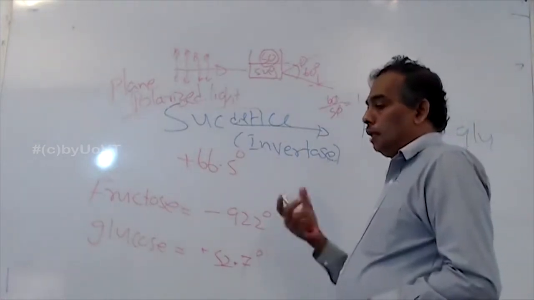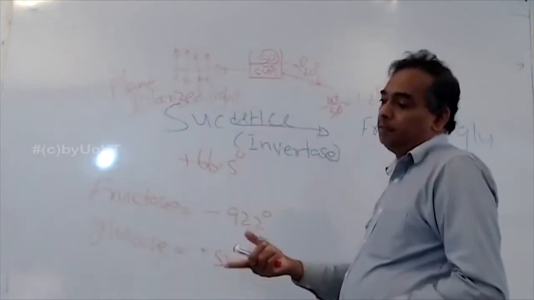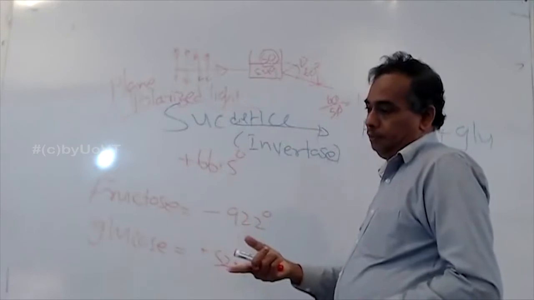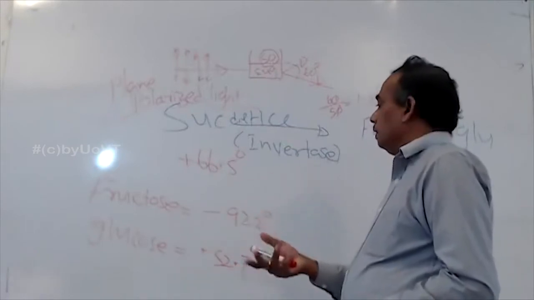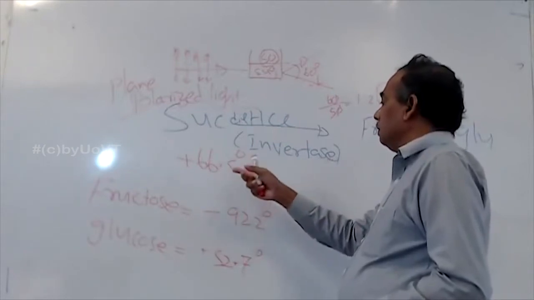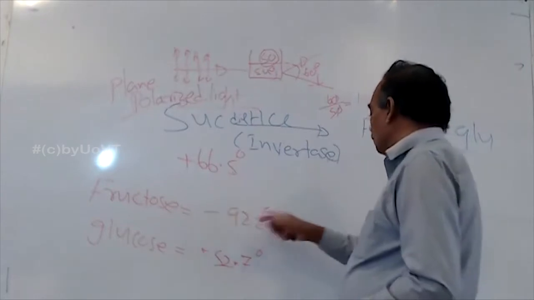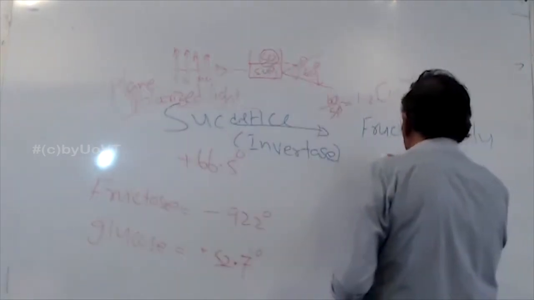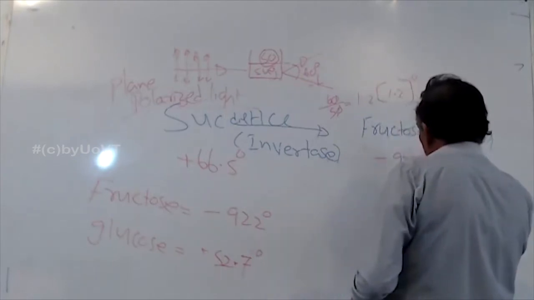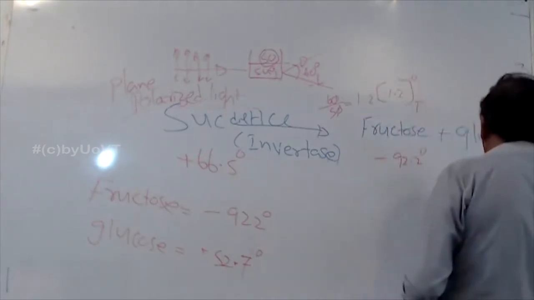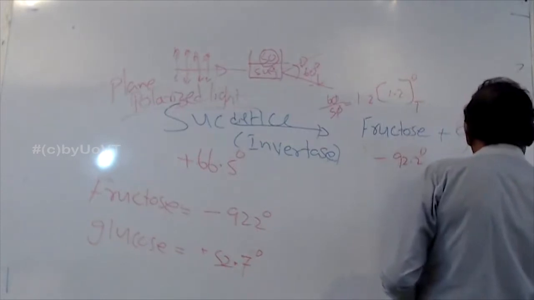If you calculate anything per molecule, then you can get the idea about the molecule. Then we have to think about the specific rotation of sucrose like this. Then fructose, now you can write minus 92.3, glucose plus 52.7.